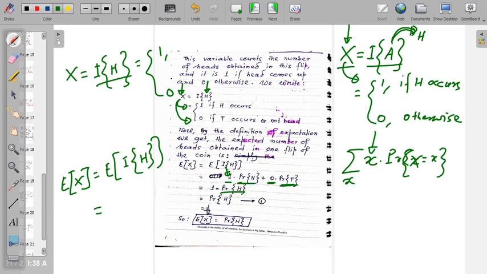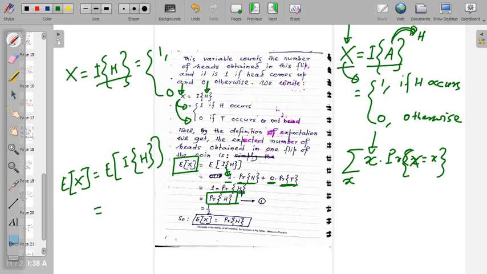I could put in the value that the probability of H is half, but that is not our objective. Our objective is to show that the expectation of this indicator random variable is nothing but the probability of that event happening. In the coin flip experiment that event is H; in another application, that event might be that the ith candidate is hired or not.